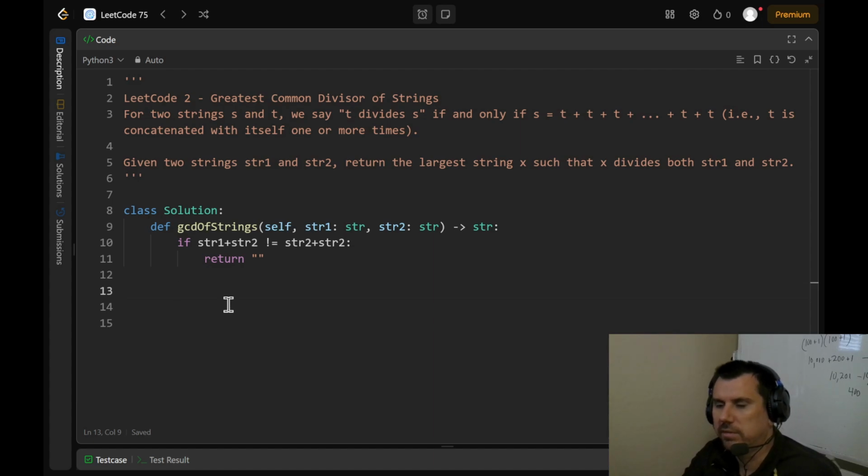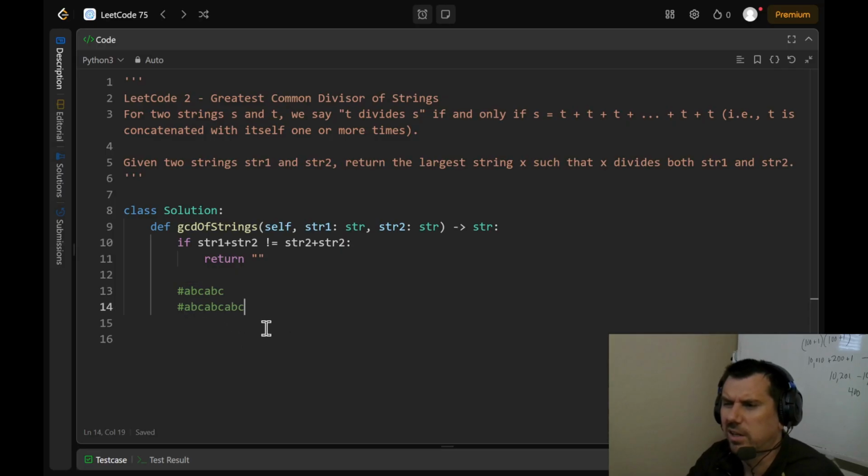And so to explain the second part, you have to visualize how these are working. And so we'll use another one. So ABC, we'll do 2 of them and then 3 of them. And then we'll do 2 of them and then 4 of them, just to show.